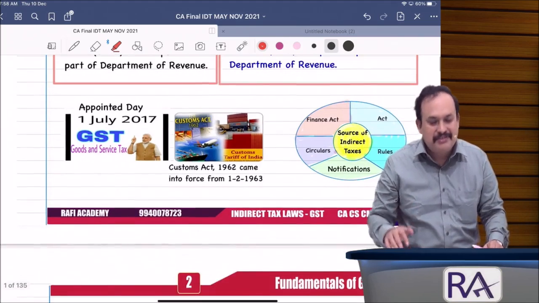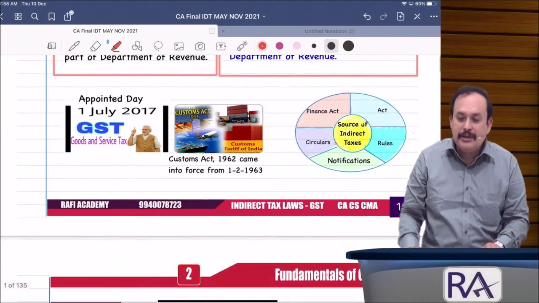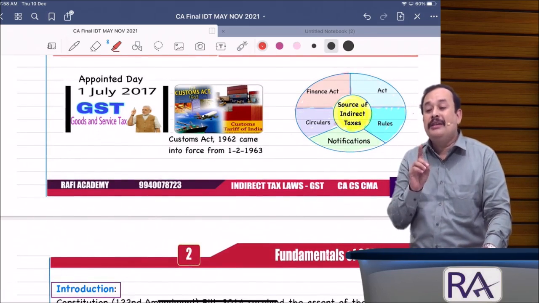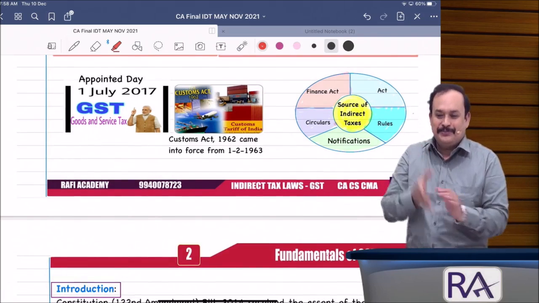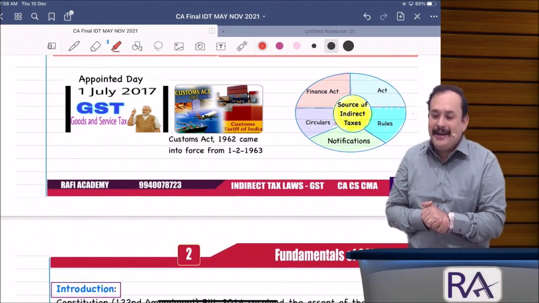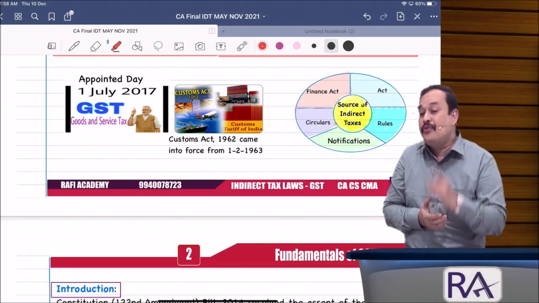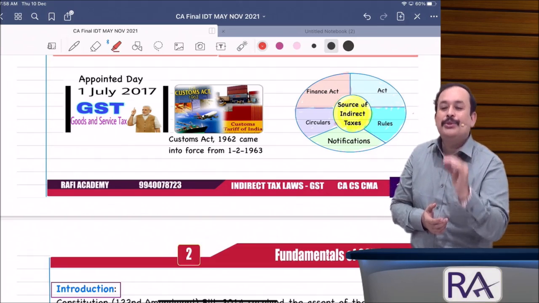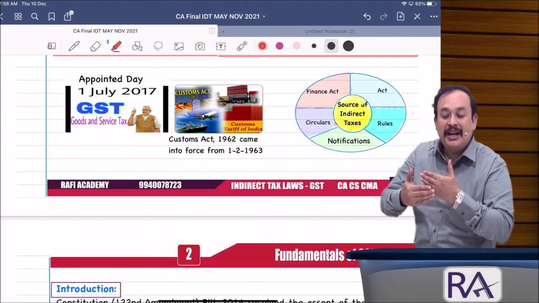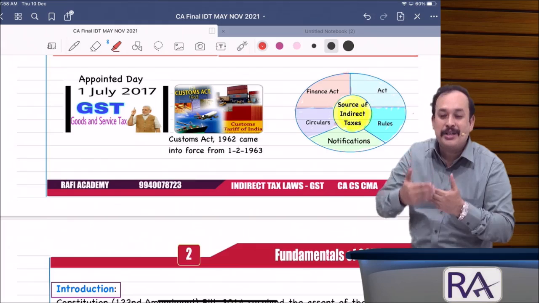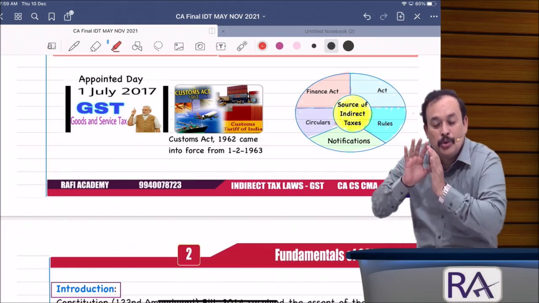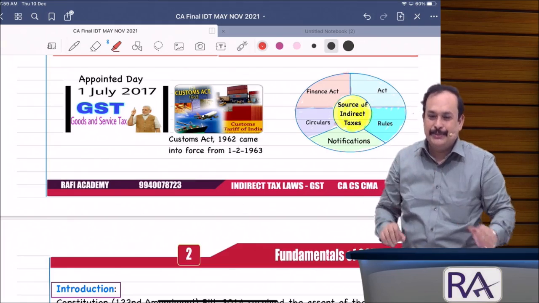The moment you say GST, goods and services tax, one should know what you mean by appointed day. Under the GST, the appointed day is 1st July 2017. From that date onwards, the levy of tax has been introduced in India by removing the old regime of indirect taxes.